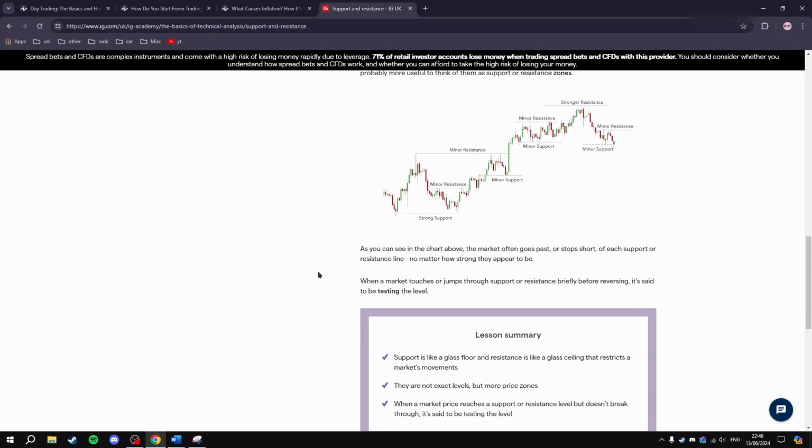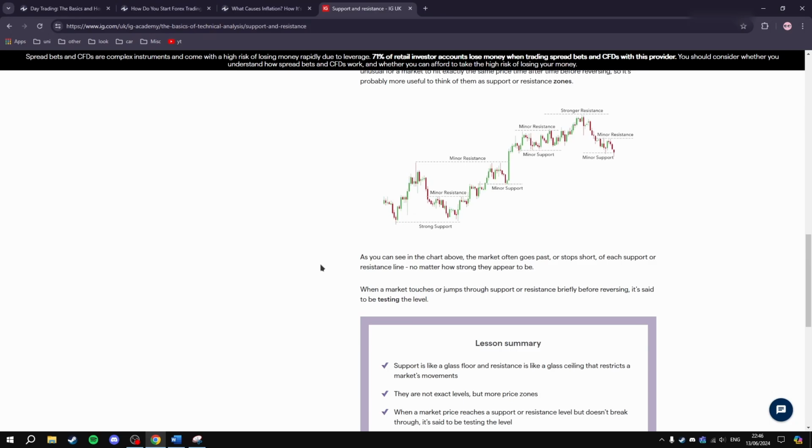As you can see in the chart above, the market often goes past or stops short of each support or resistance line, no matter how strong they appear to be.